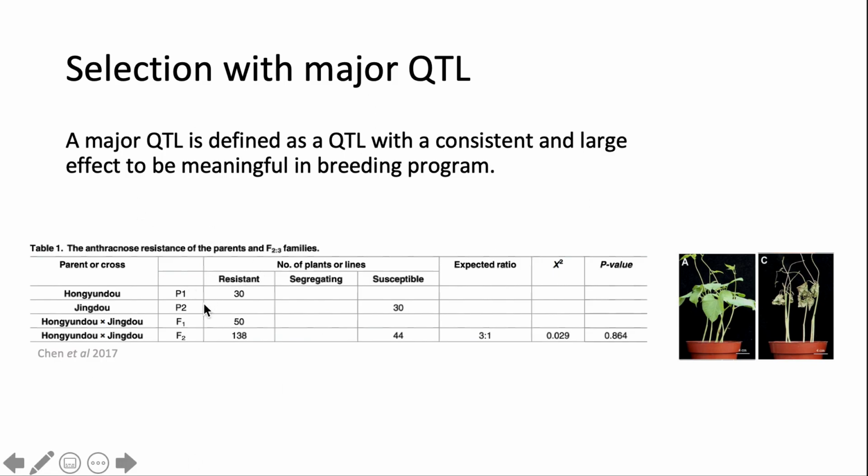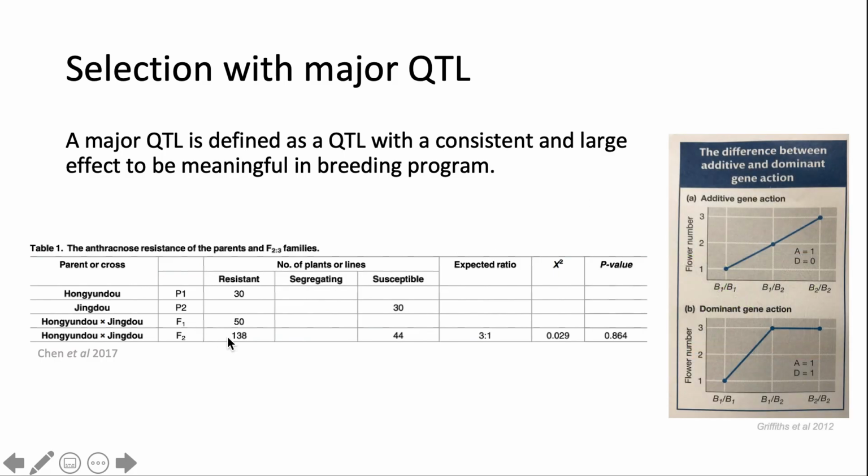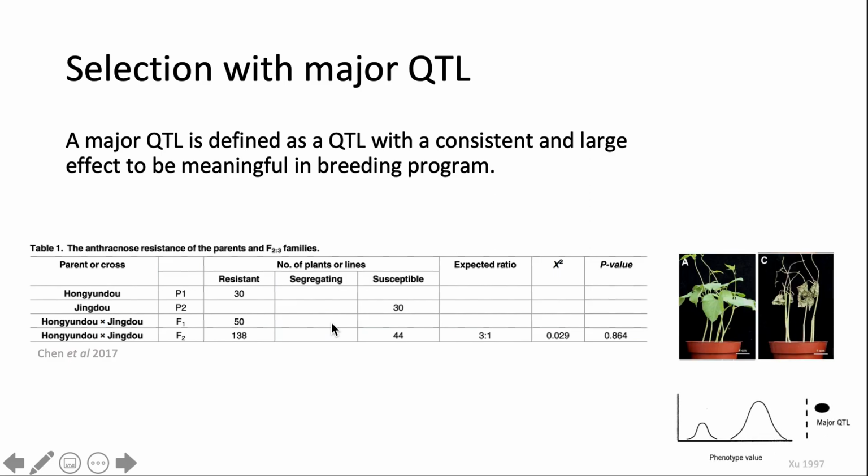When they advanced another generation, they saw a segregation of a 3-to-1 ratio. That segregation in the F2 confirmed that the effect of this major QTL, or this gene, has a dominant action, and that it is controlled by just one major QTL. That is the same example that we saw in the previous slide, when one major QTL controls the phenotype.